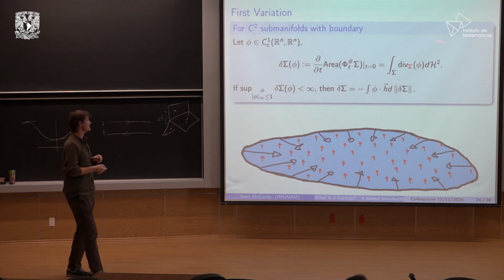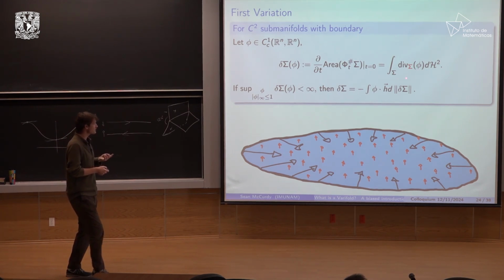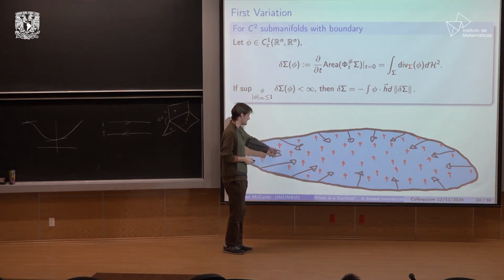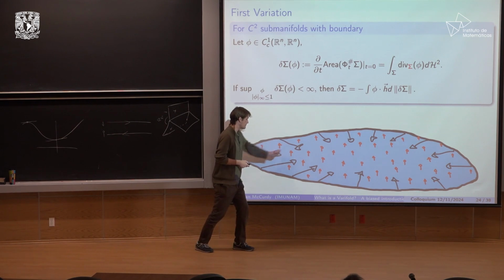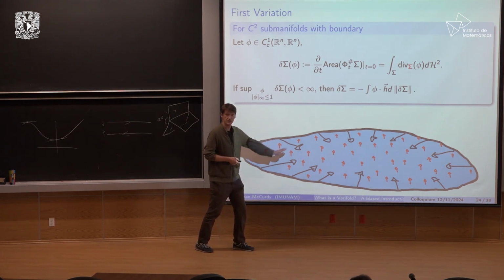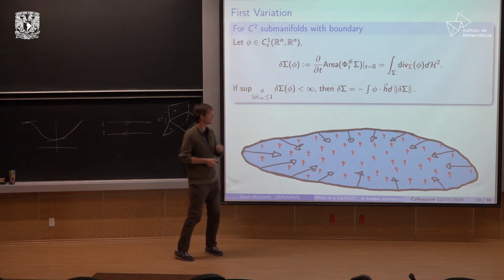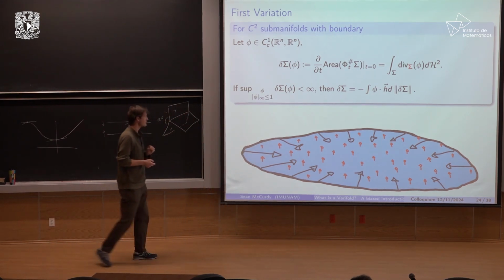And we're going to get that this is equal to the integral along the entire surface of the divergence of phi, where the divergence at a point x is taken with respect to the tangent plane of the surface at point x. So this will change depending upon which point we have.